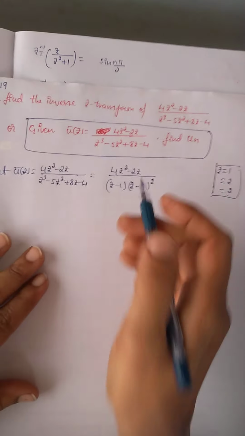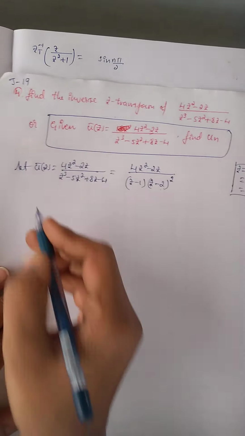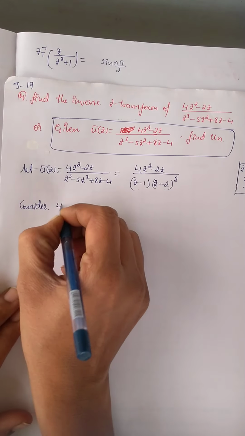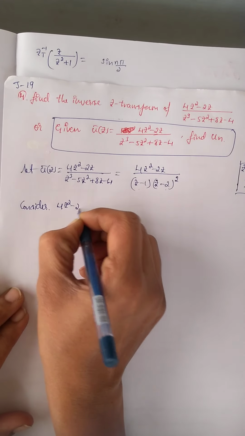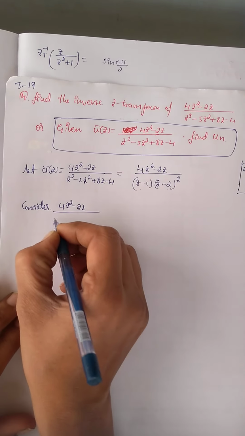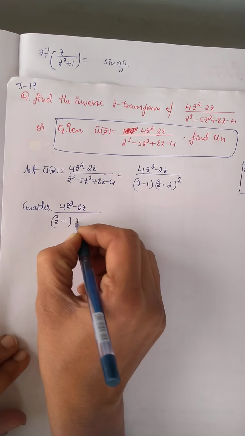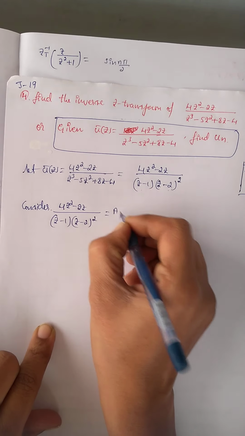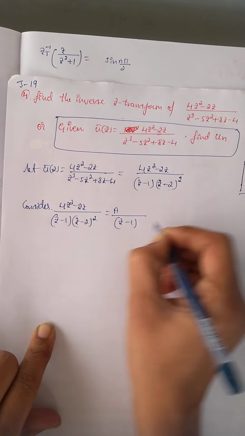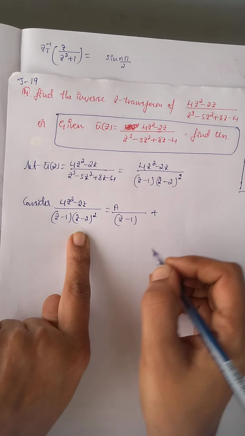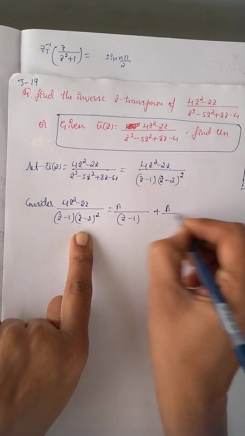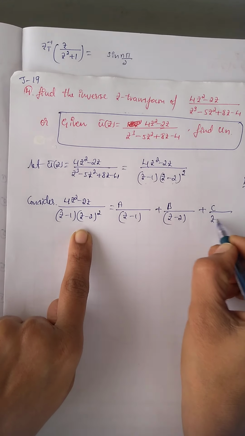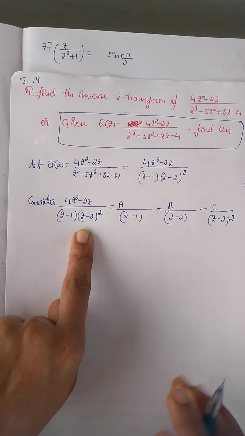Next I go to apply partial fraction for this term. I consider (4z² − 2z) over (z − 1)(z − 2)². Actually, in normal partial fraction we can write A by (z − 1), and since z − 2 is twice, b by (z − 2) as the first term, and the second time we take the square term, c by (z − 2)².